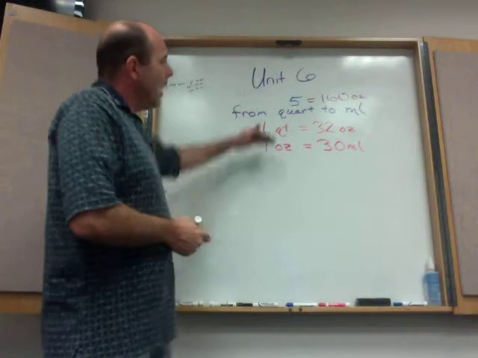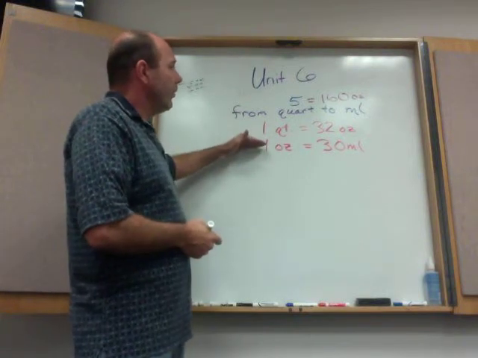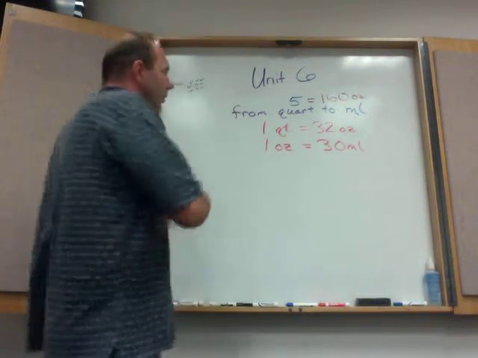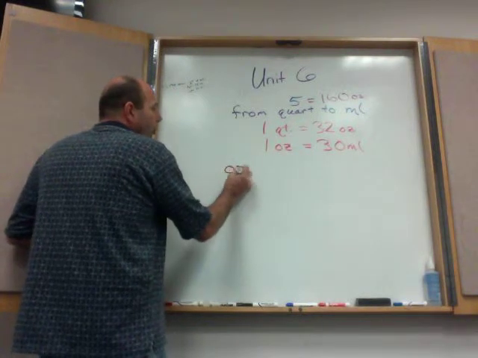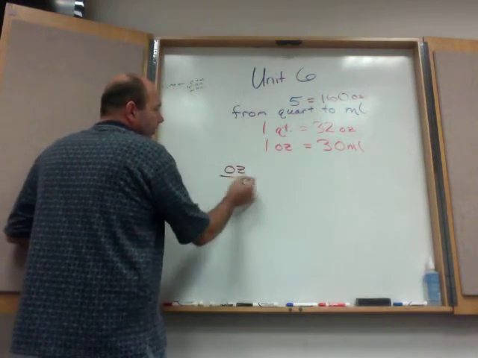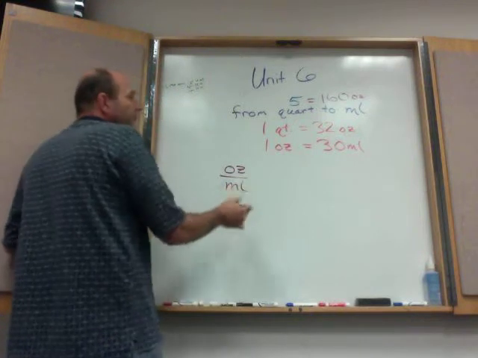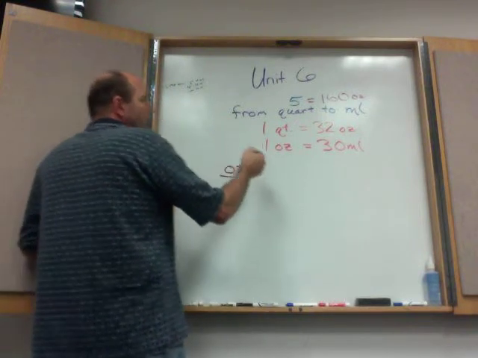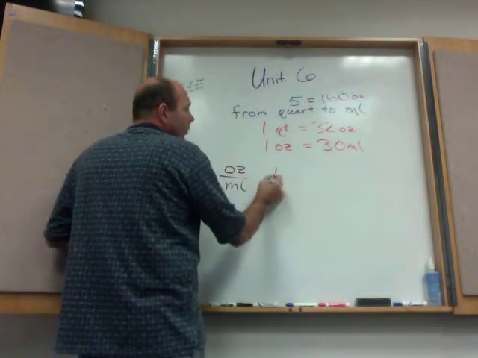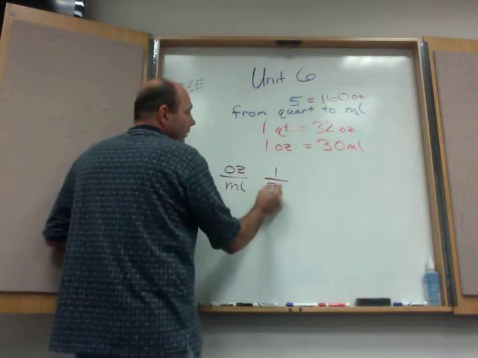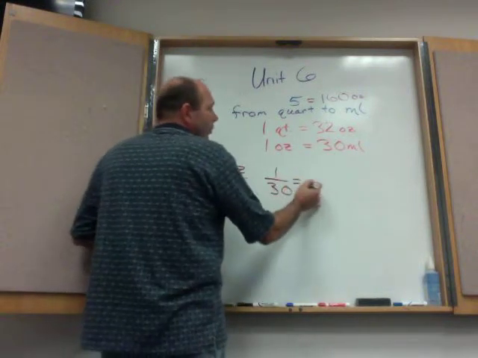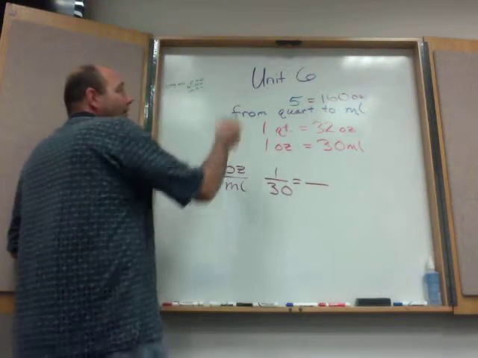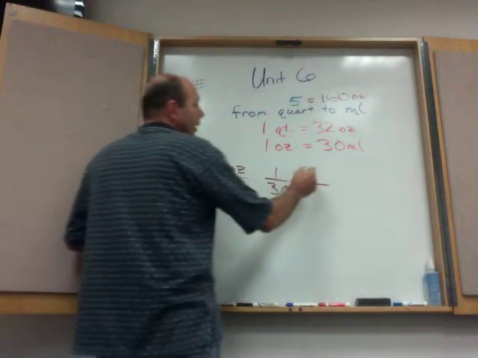Okay, now I'm going to move on to the second step where I convert ounces to milliliters. And again, it doesn't matter which one I have on top. I'm just going to put ounces on the top and milliliters on the bottom. Now I know that 1 ounce equals 30 milliliters. And I'm going to set that equal to, I have 160 ounces, so I'm going to write 160.